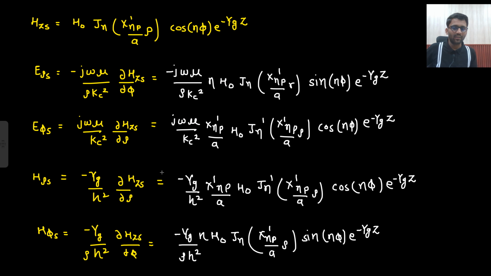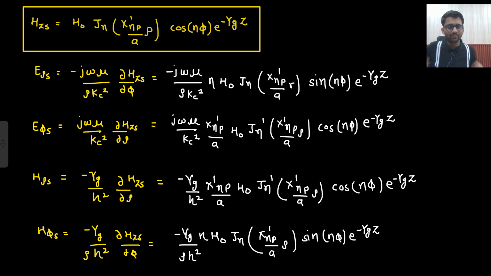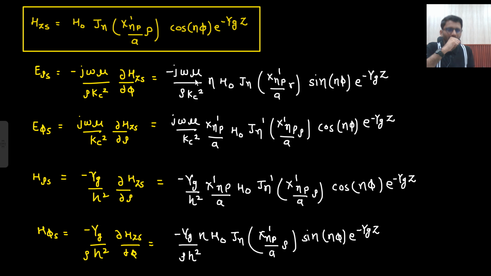This is the expression of Hzs, right? Because here the Kc value we were getting is x dash np by A. Now what will be your E rho s? E rho s will be minus j omega mu upon rho Kc square, because phi never comes alone, and then do the differentiation.